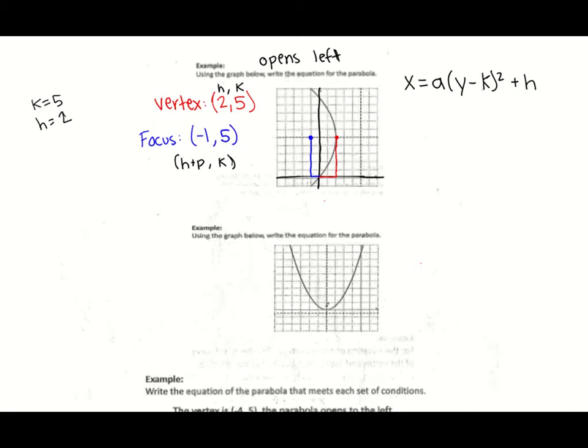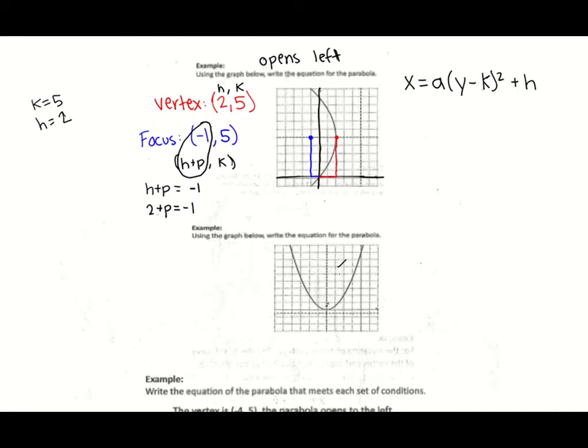So h plus p equals negative 1. Using that, I also know my h is 2, so I can plug in 2 plus p equals negative 1.